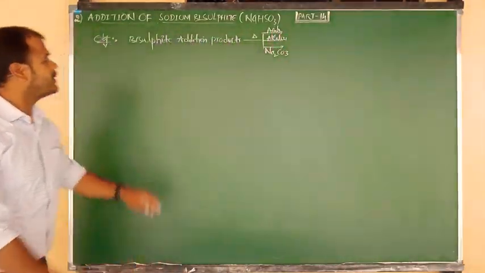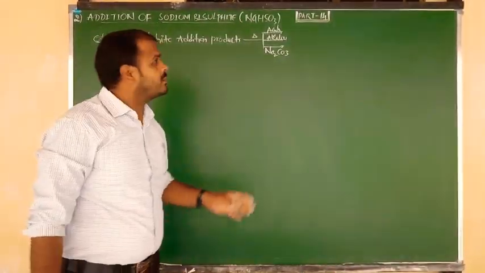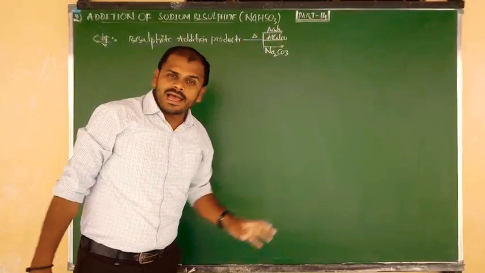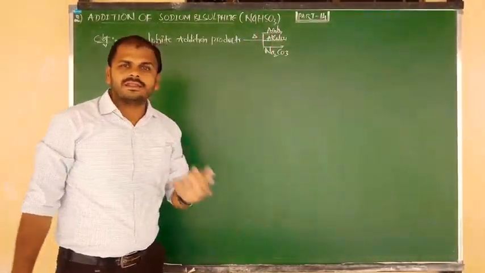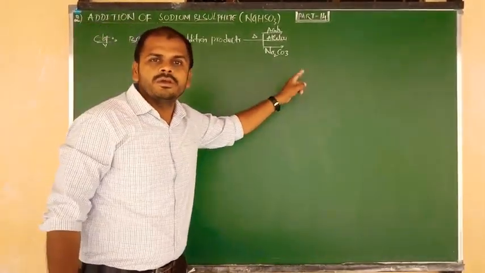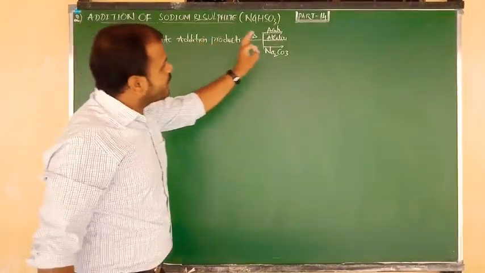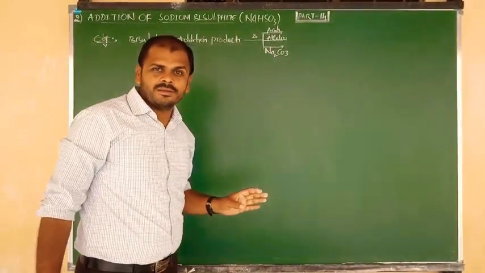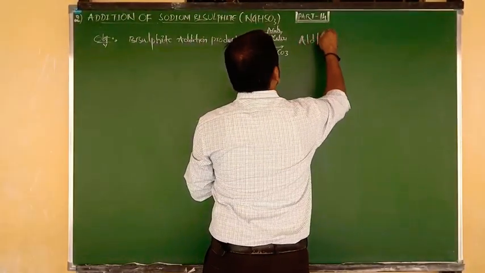So bisulfide addition products upon heating with mineral acids, upon heating with alkalis, nothing but bases, and also upon heating with sodium carbonate, they are going to form the products, which are nothing but again the same thing, aldehydes and ketones.